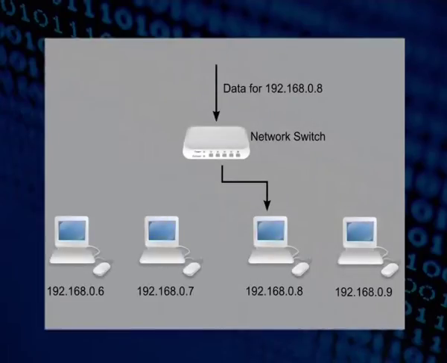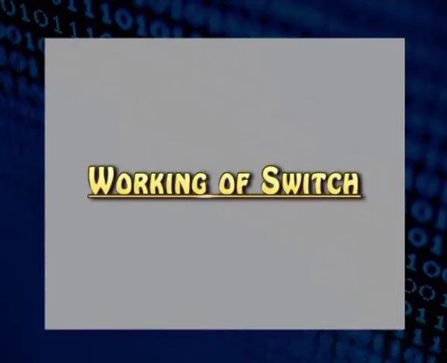Each network device connected to a switch can be identified using a MAC address, allowing the switch to regulate the flow of traffic. Working of a switch: the process of switching means forwarding frames. In data communication, switches implement two basic tasks.